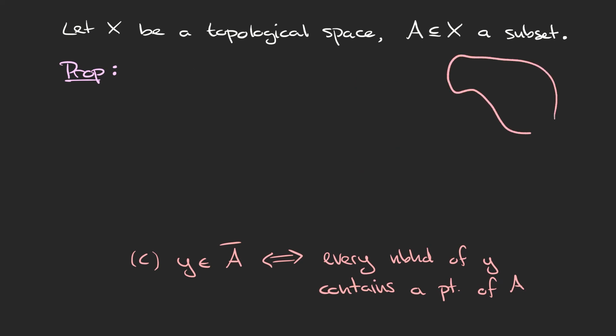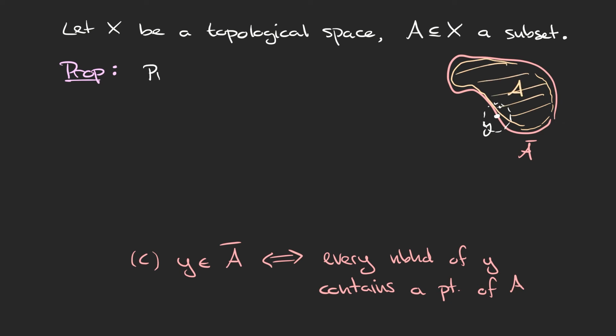So I'm drawing here the closure of A, and now it's saying that some point y is in this closure, for example on the outside, or it could also be on the inside of the closure, if and only if every neighborhood of y contains some point which is also located in A. So A might be the orange set I'm drawing now.